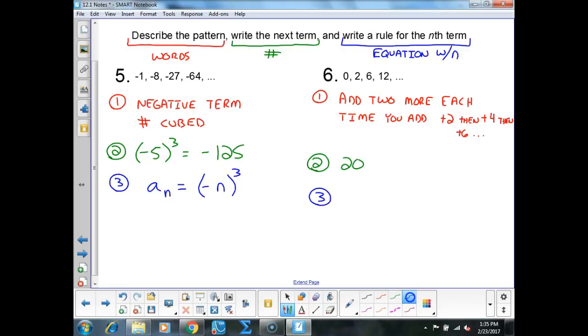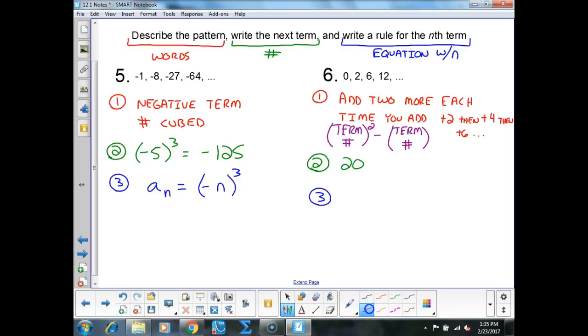Gotcha. Term number squared minus term number. Okay.